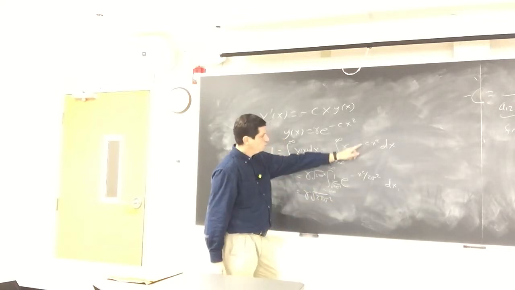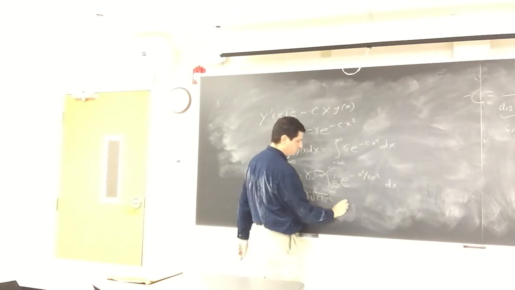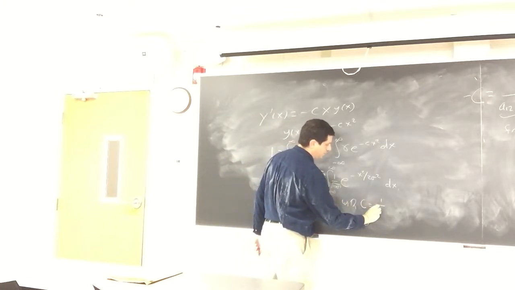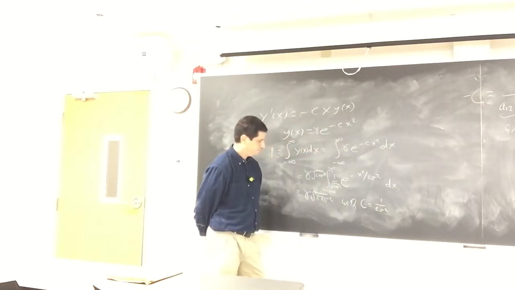Well, what's sigma squared? c has to equal 1 over 2 sigma squared. So 2 sigma squared is equal to 1 over c.